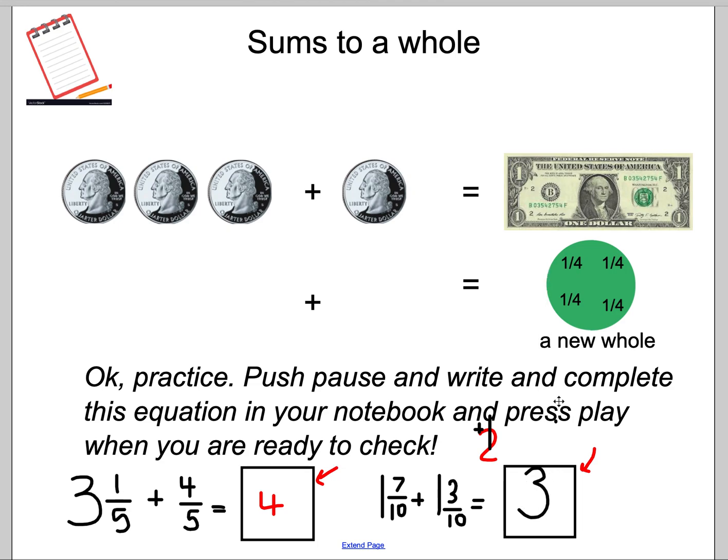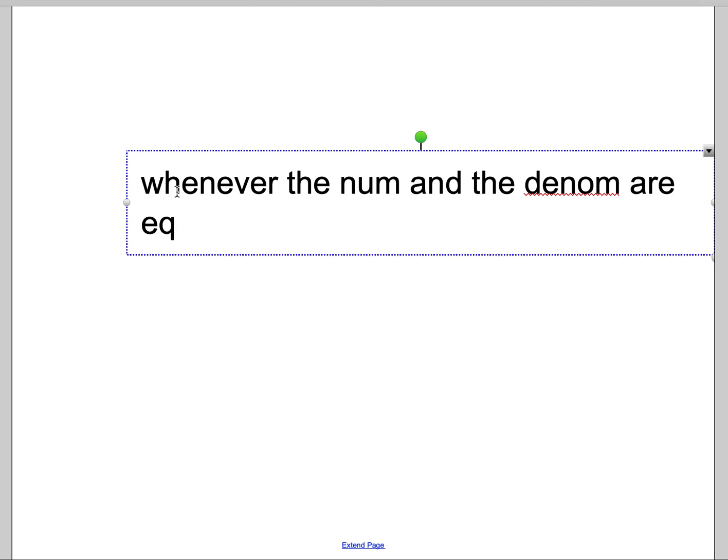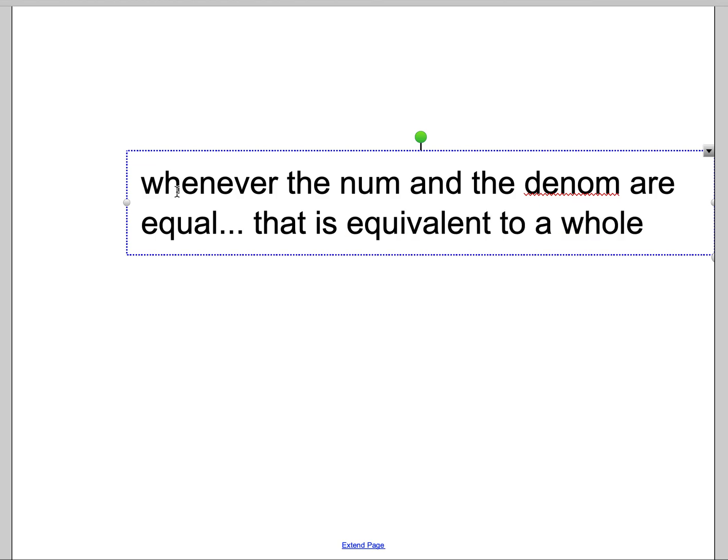But the big thing to think about, and here's the rule, is whenever the numerator and the denominator are equal, that is equivalent to a whole number.